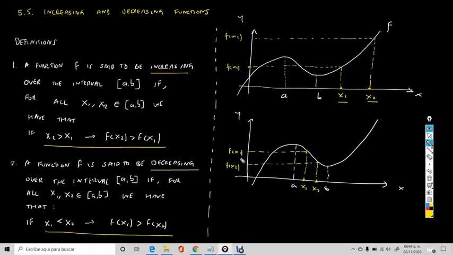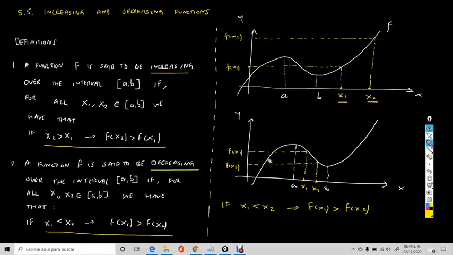We can clearly see that f of x1 is greater than f of x2. So in this case we have the following: if x1 is less than x2, which in fact is the case, then f of x1 is greater than f of x2.